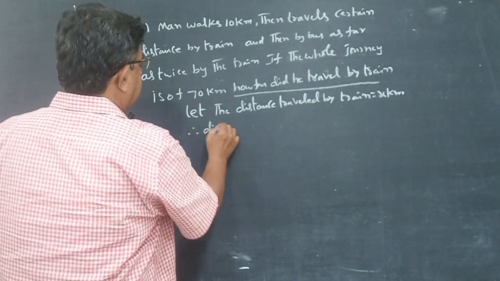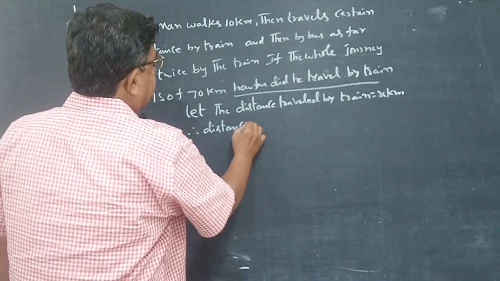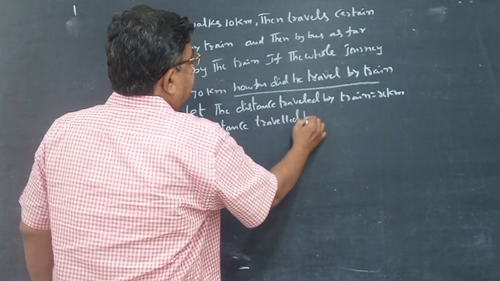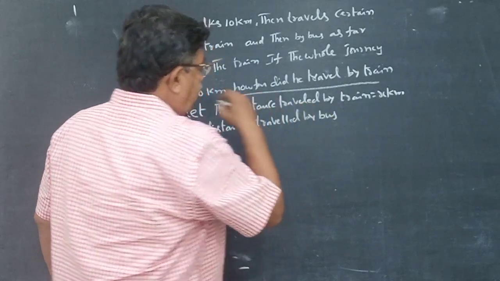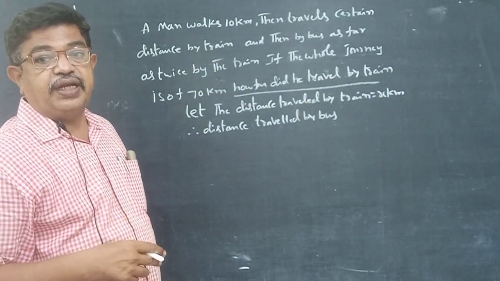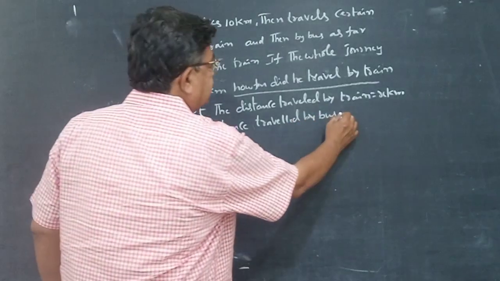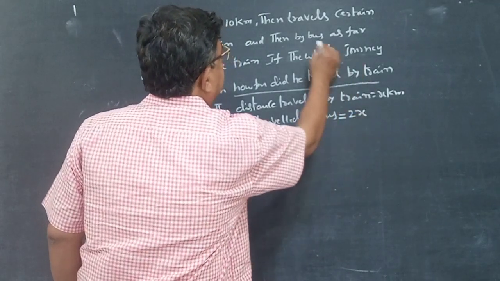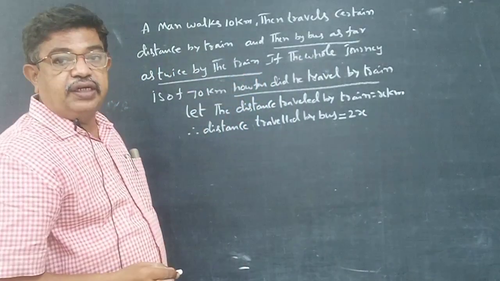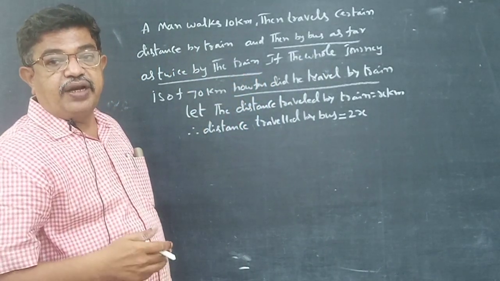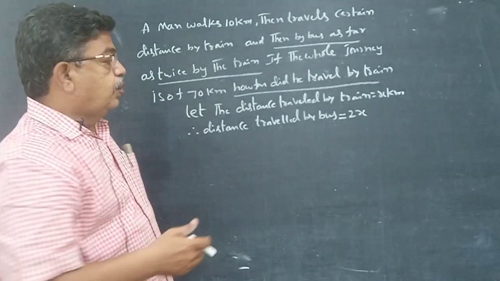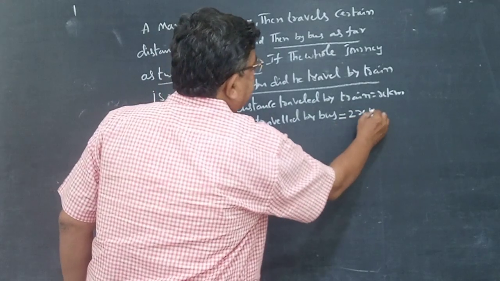Therefore, the distance traveled by bus is twice the distance traveled by the train. So we take it as 2x. Traveled by bus is twice by the train. So the distance traveled by the man by train is x kilometers. Therefore, the distance he traveled by bus is equal to 2x kilometers.